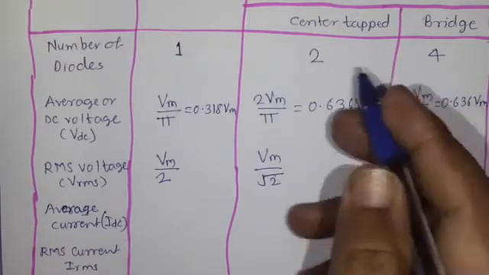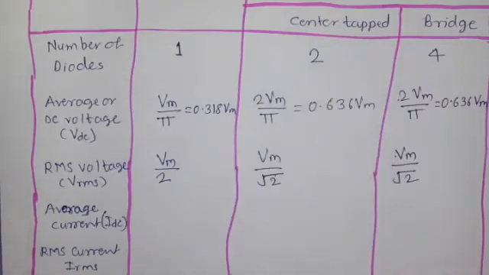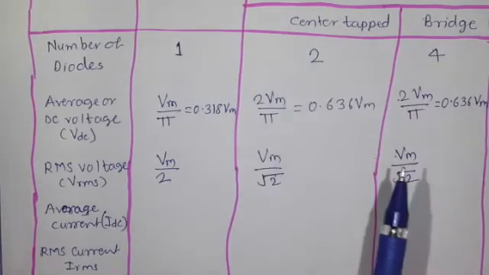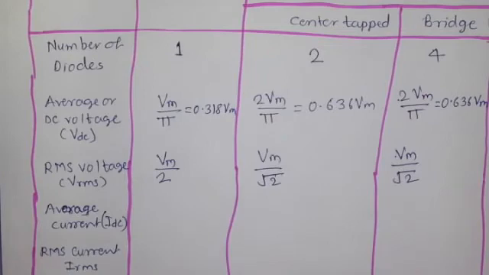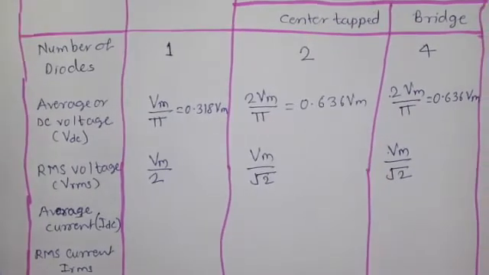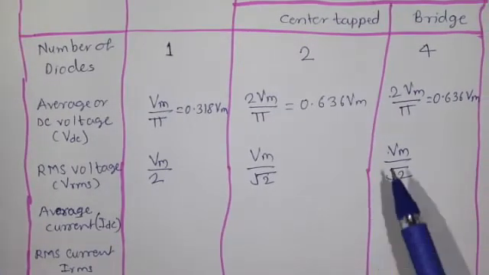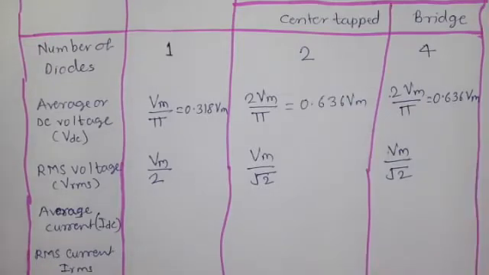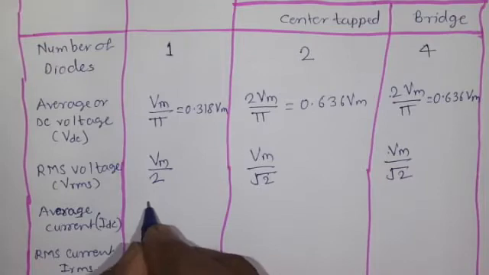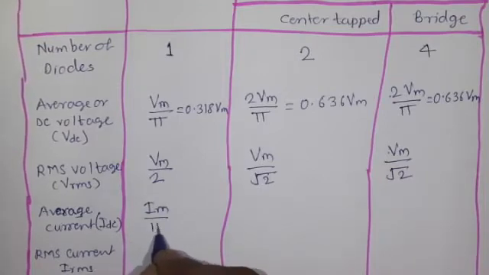For full wave rectifier, everything is similar for center tap as well as bridge, with few changes. Which are the few changes? First, there is a change in the number of diodes, and second is the average current. For the half wave rectifier, average current is Im upon pi.